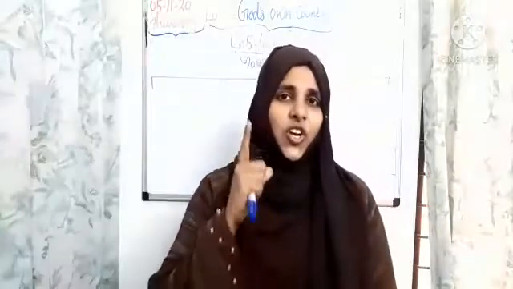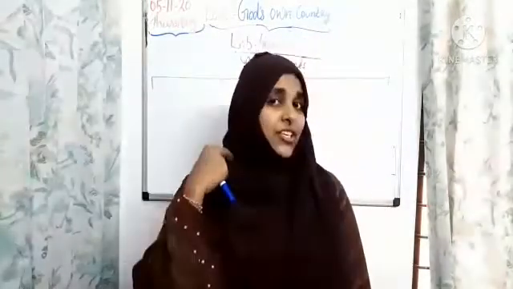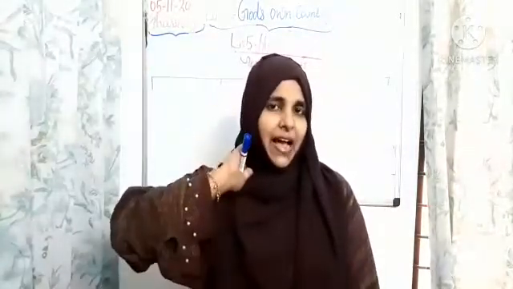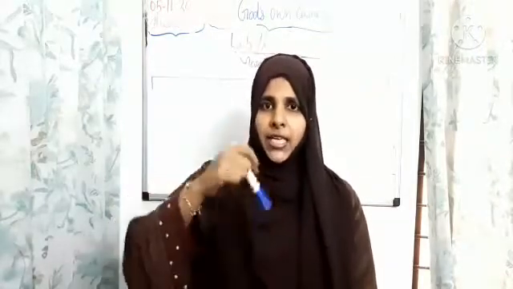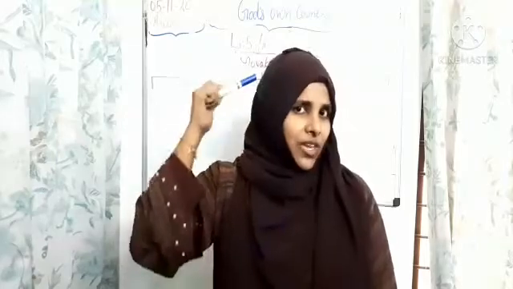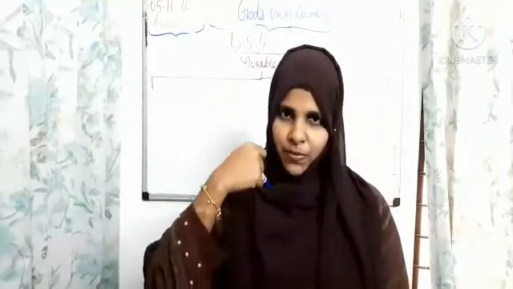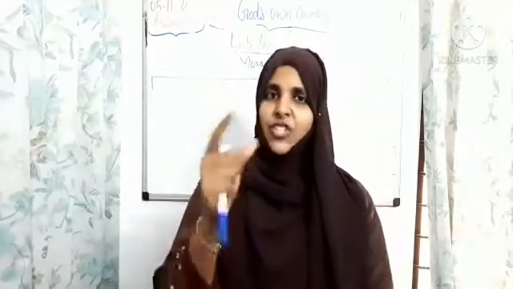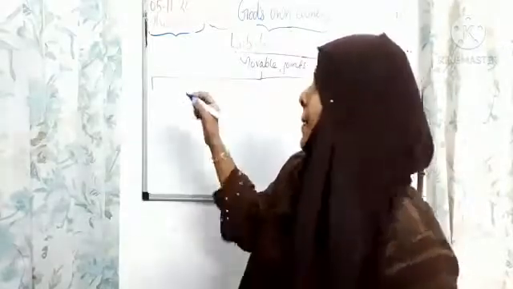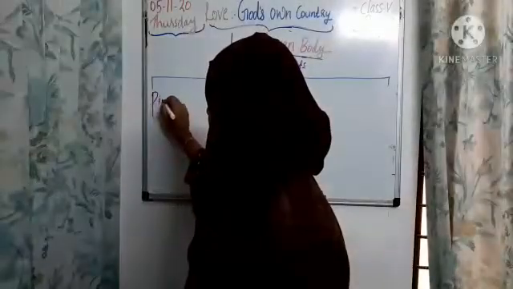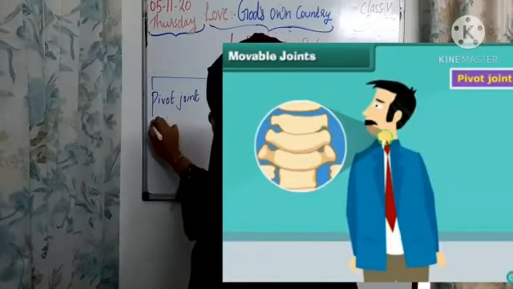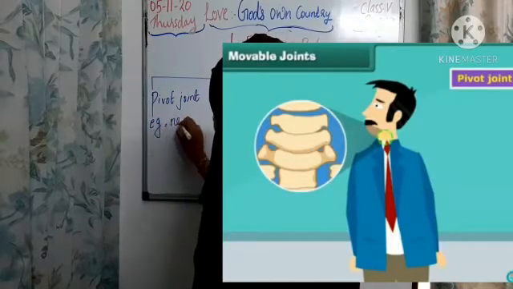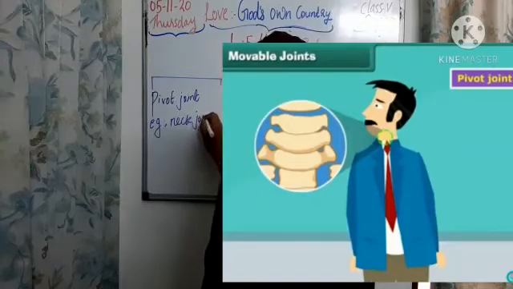There is one joint in between our skull and vertebral column. These are the two bones, right? In between our skull and vertebral column, there is one joint. That joint we call the pivot joint. Okay, P-I-V-O-T, pivot joint. Clear to all of you? So an example we can say is the neck joint.